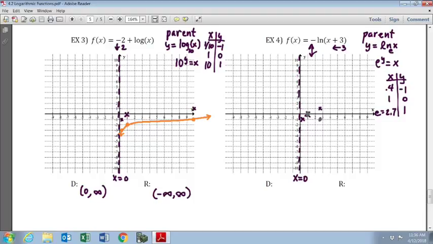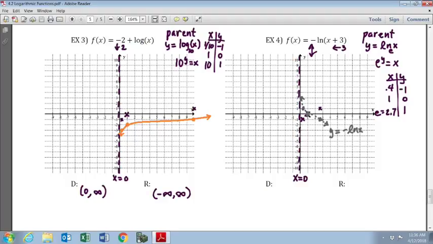And 0.4, negative 1 is going to go up here. Let me finish drawing this here. This is y equals minus ln of x.